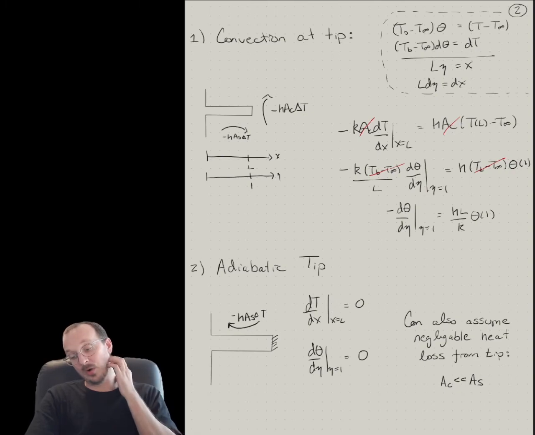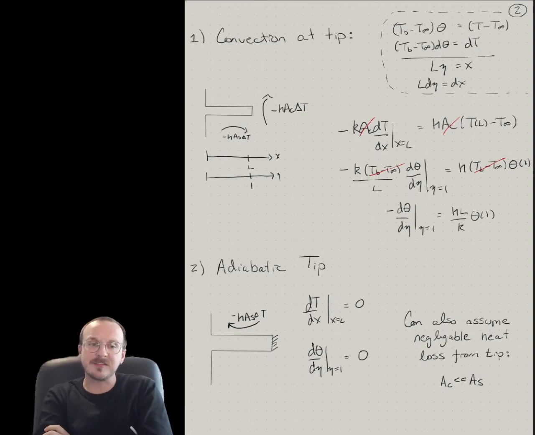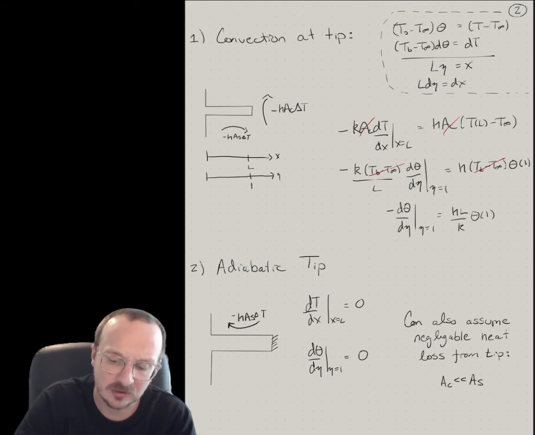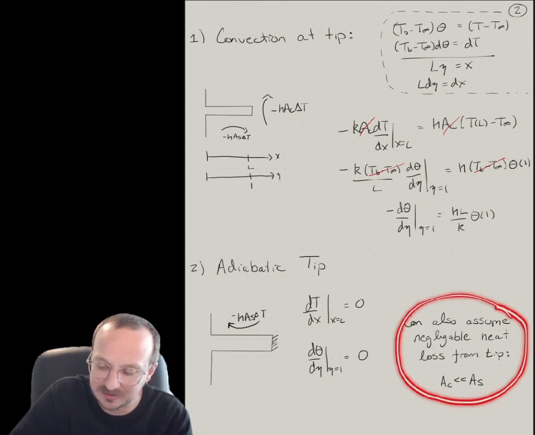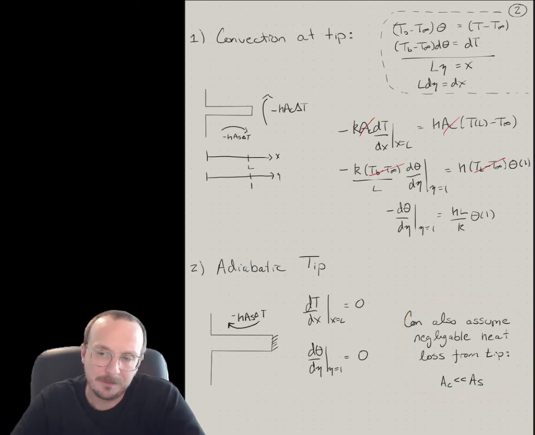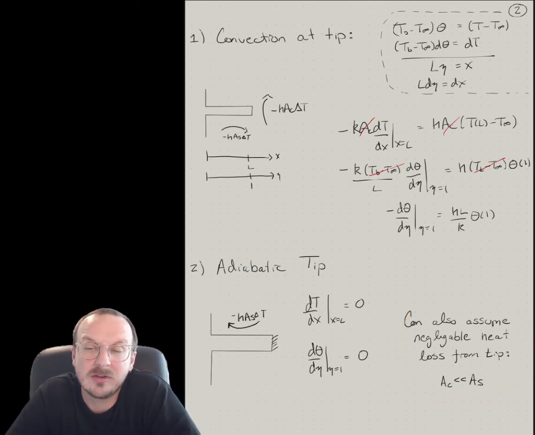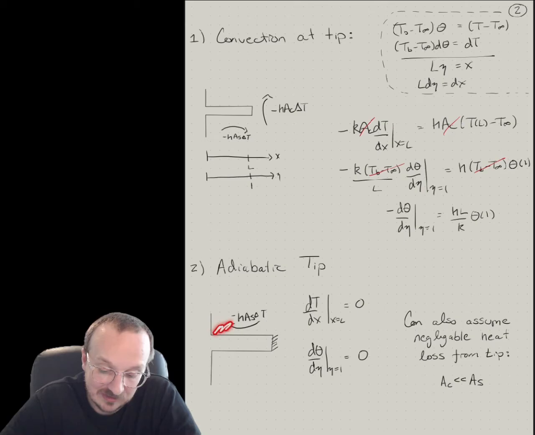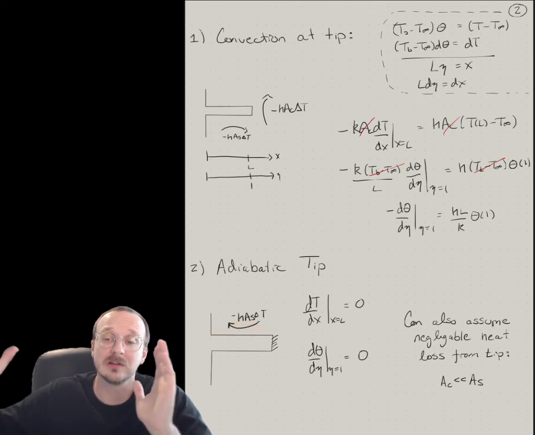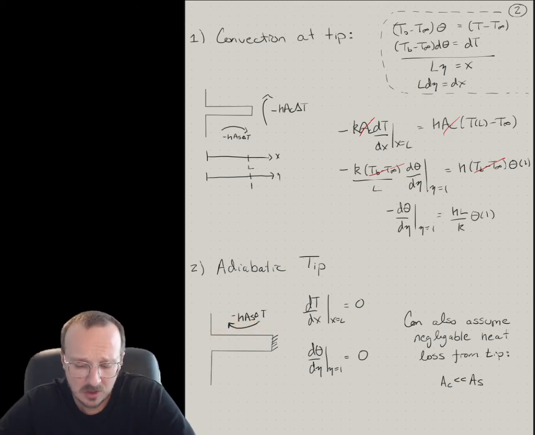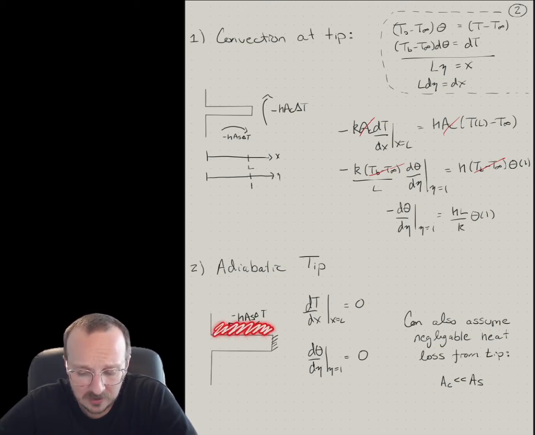Okay, and so instead of saying it's an adiabatic fin tip, you could also just assume that there's negligible heat loss from the tip, meaning the heat that you do lose there is insignificant compared to the heat that's lost along the surface area. So if you had a really long fin, you'd imagine that the surface area is much larger than this cross-sectional area at the tip.